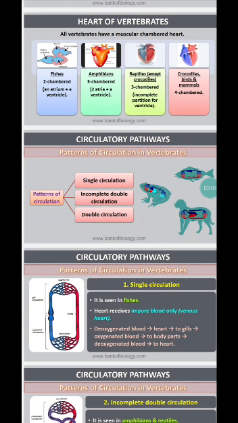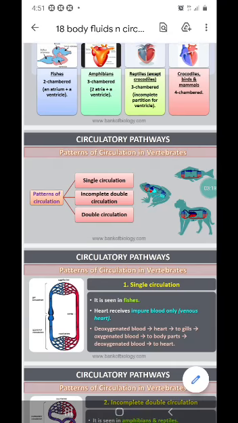And when you take the reptiles, there is again three chambers, but the partition in the ventricle is incomplete. There is partition, but the partition is incomplete. And when you come to birds and mammals, the heart is four chambered, and there is complete partition, and there is no mixing up of the oxygenated and deoxygenated blood. Okay, there are separate chambers for each of these different bloods.